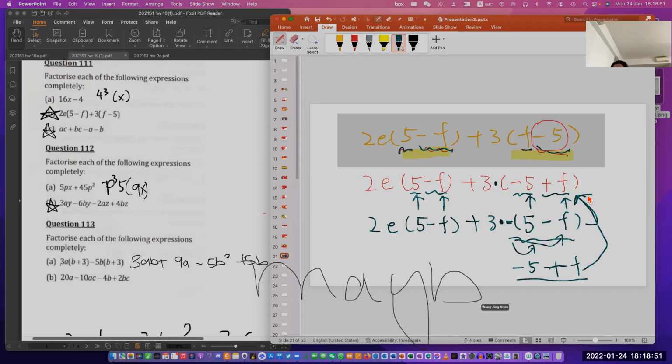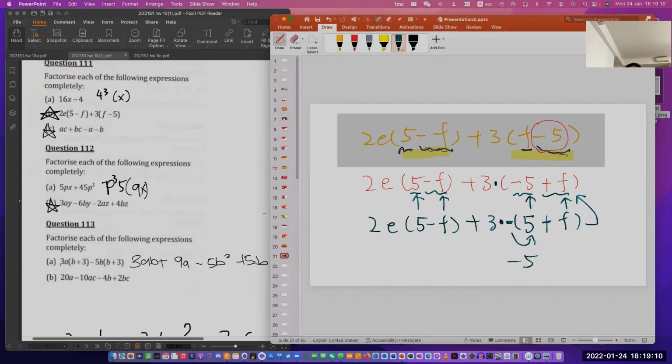Okay, good. So let's say you make a mistake. Let's say it's plus. Test if you can get back the original. The original is minus 5 plus f. So first arrow minus 5. Second arrow minus plus f, and minus plus f is minus f. So you get minus 5 minus f.